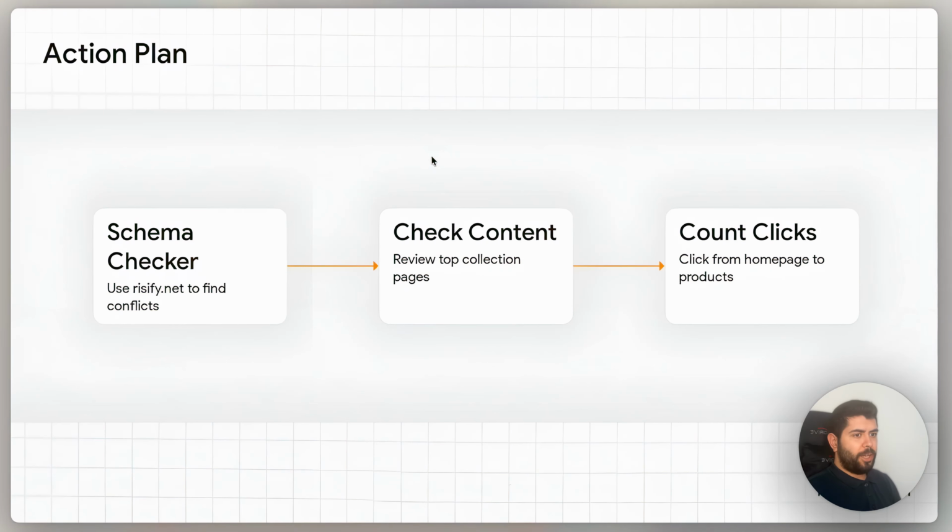Just review your top collection pages and how they look in terms of content. And then go ahead and check your site structure. Try to see the number of clicks it takes from the homepage to your products. None of this actually needs a developer. All three checks combined take about just 10 minutes.